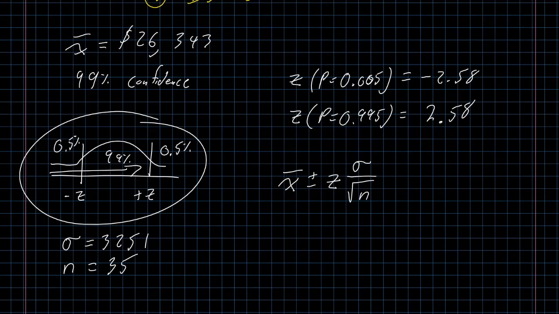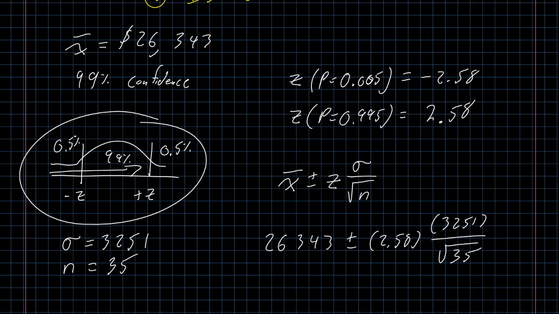We want x bar, 26,343, plus or minus z, 2.58, times sigma, 3,251, divided by n, square root of 35. And for that, we can just grab out a calculator.